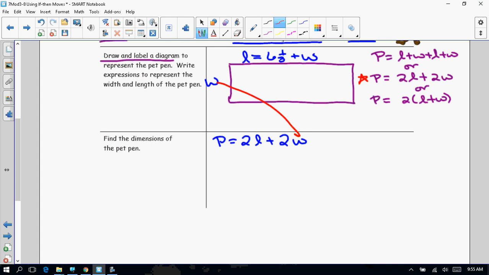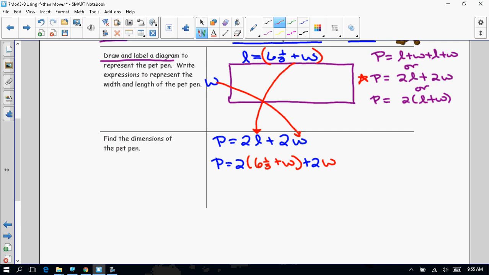Well, we know W is W, but I also know that L is all of this, and I'm going to drop that in. All right, so perimeter is equal to 2 times (6 1/3 plus W) plus 2W. I'm literally just going to drop those into the right spots.